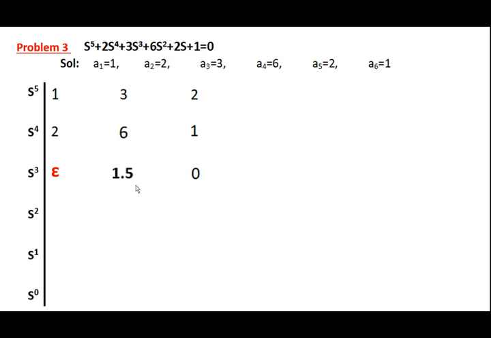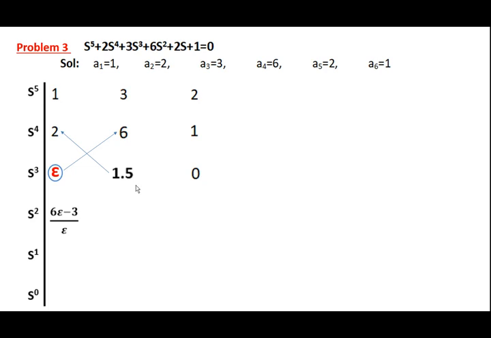So by making use of this small positive value epsilon, we can calculate the next row of the Routh array, that is the s^2 row. So the s^2 first element is epsilon into 6 minus 2 into 1.5 divided by epsilon.